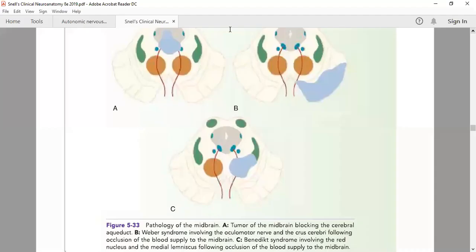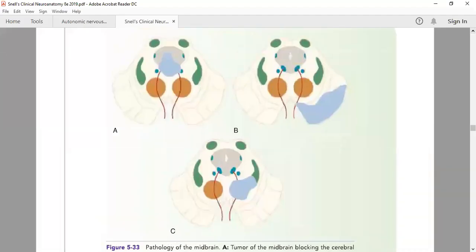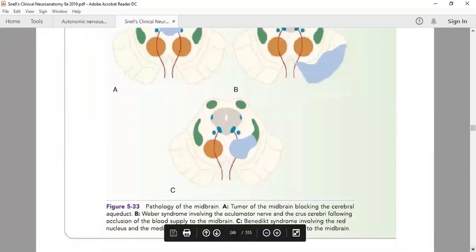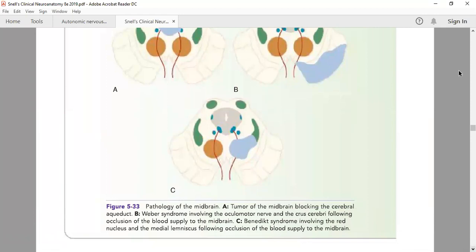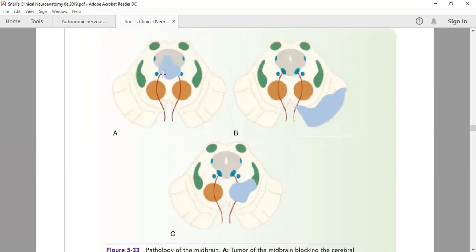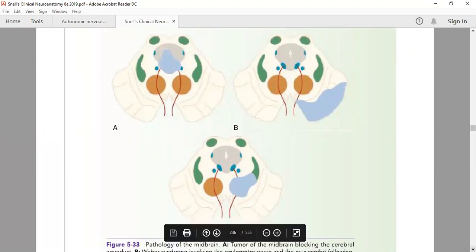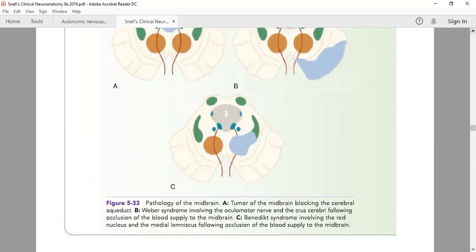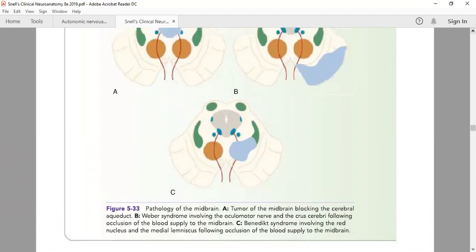Now you can see in this picture the pathology of the midbrain. First of all, tumor. Tumor of the midbrain blocks the cerebral aqueduct. Second, Weber syndrome involving the oculomotor nerve and the crus cerebri following occlusion of the blood supply to the midbrain, that is, the posterior cerebral artery.